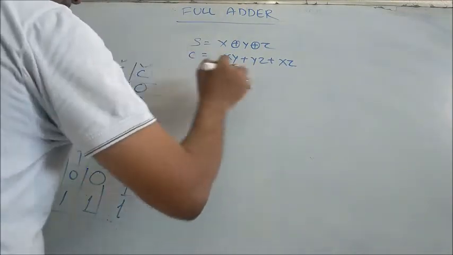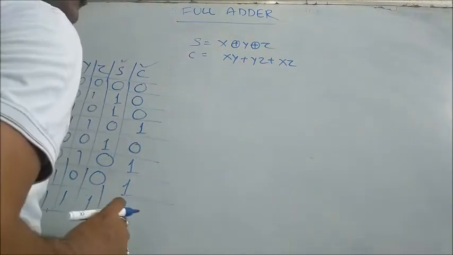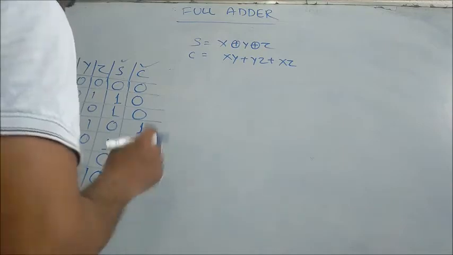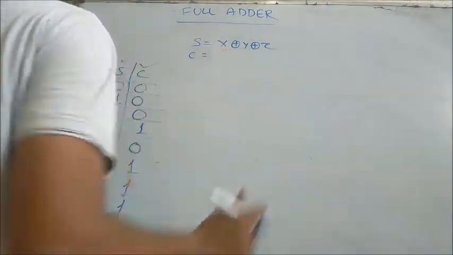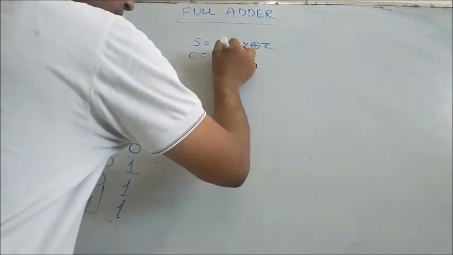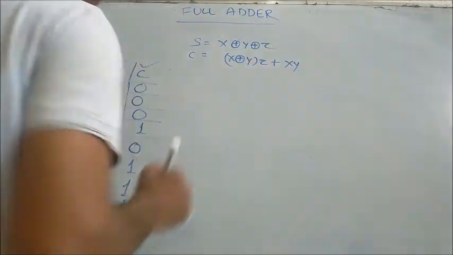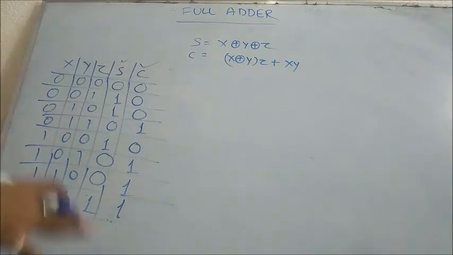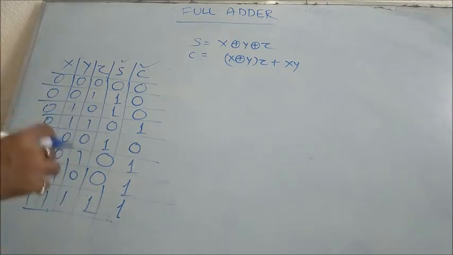Or you can say that C is also equal to, for simplification of the logic diagram, we can also write it in the simplified case as X Y plus Z times (X XOR Y). This will be the most simplified form of your sum and carry.